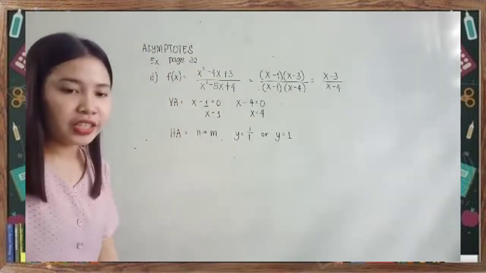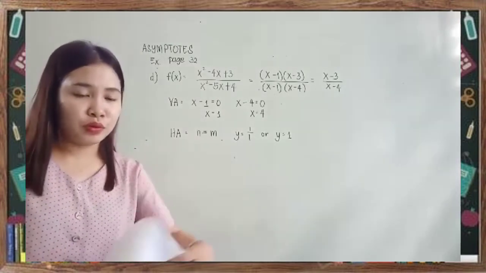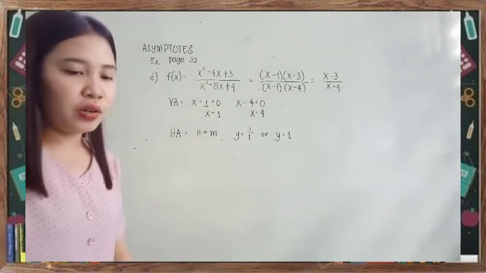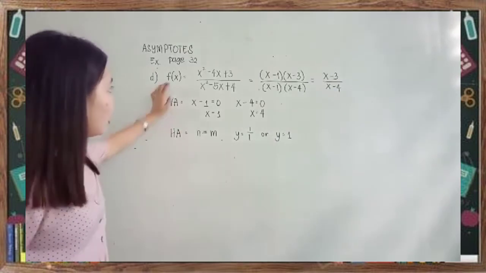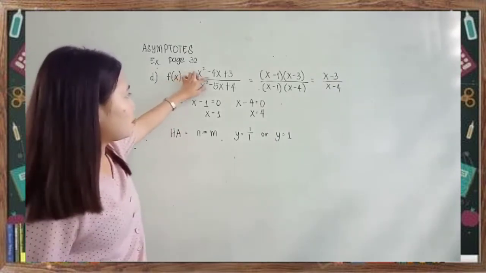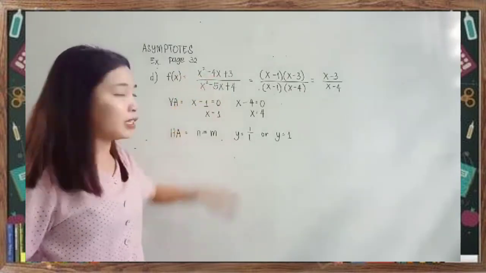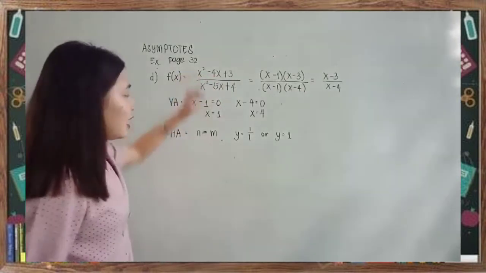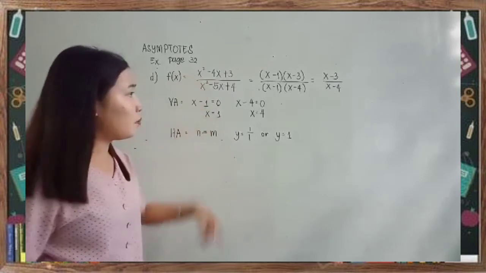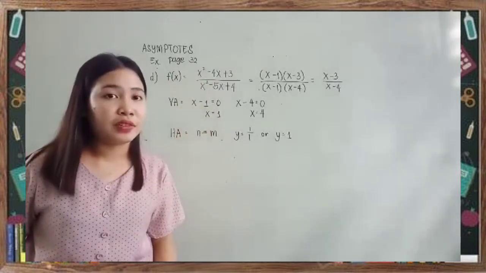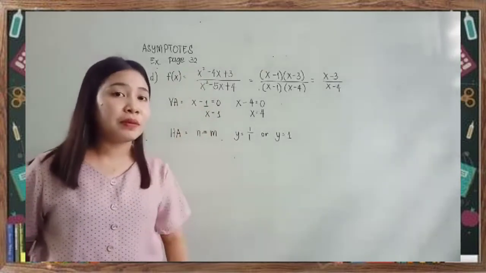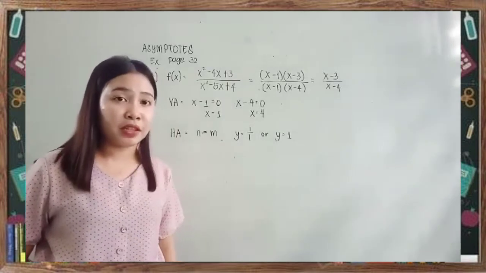On page 32 again ng ating module. Okay? So, the given is f of x is equals to x squared minus 4x plus 3 all over x squared minus 5x plus 4. So, since they are written in that form, mas mabilis natin makukuhanan yung mga values ng x kung gagamitan natin ng factoring method.